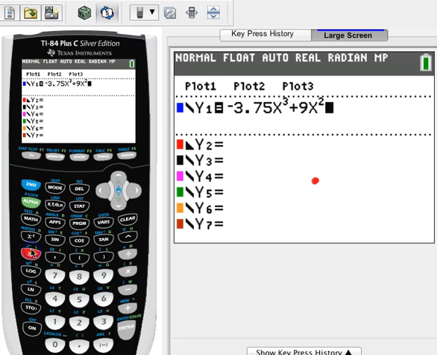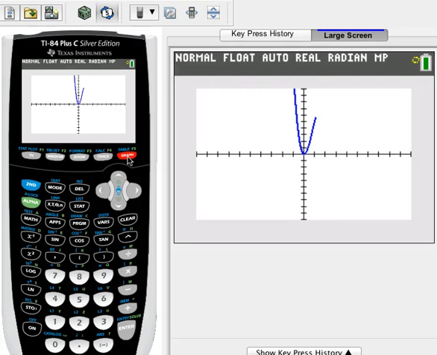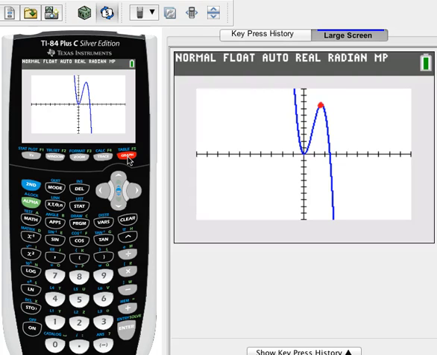Oh, sorry, squared. So let's graph it. Oh, I still have my cubes there. All right, so if I'm trying to maximize volume, and y is the volume, so I'm trying to maximize that, well, that maximum is going to occur right there.